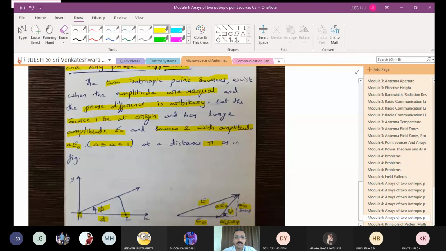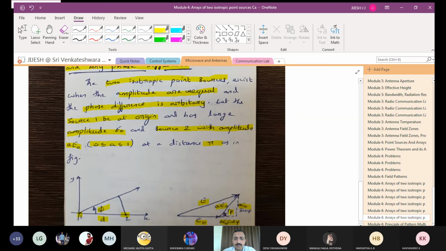We will just represent this general form with the help of an equation, and we will move ahead. You can draw this figure where you have represented source 1 and source 2 separated by a distance d, with the angle phi, where E naught is the amplitude of source 1 and A E naught is the amplitude of source 2.